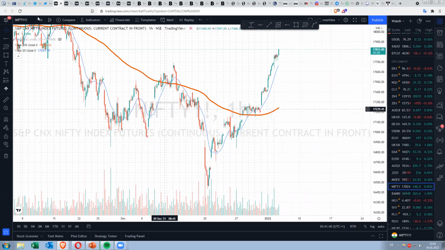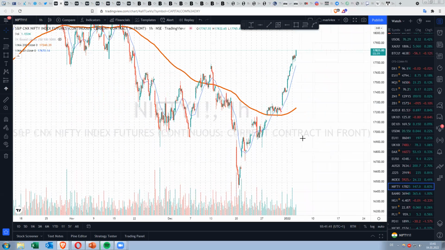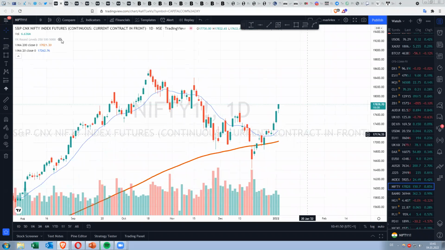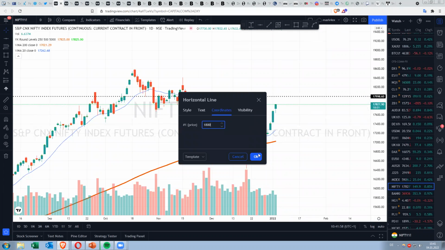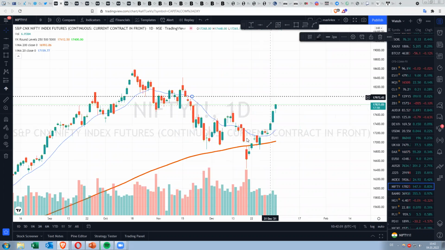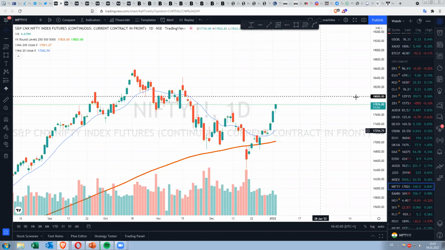Well, what you do is always look at the daily. On the daily, you have your round figures and you already know there is 80,000 here, and it makes sense to go here because there's a lot of liquidity sitting above, right?